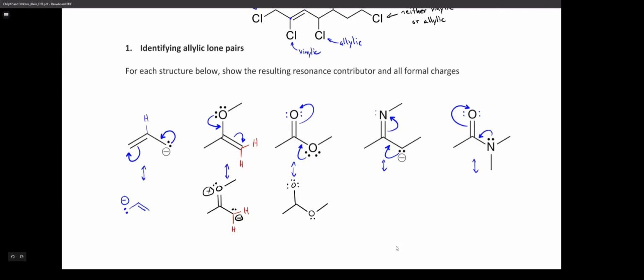What else do we need? A double bond, good. And formal charges, the oxygen on top needs a minus. Good, a very good negative, and the oxygen on bottom. Less. Yep, very good.